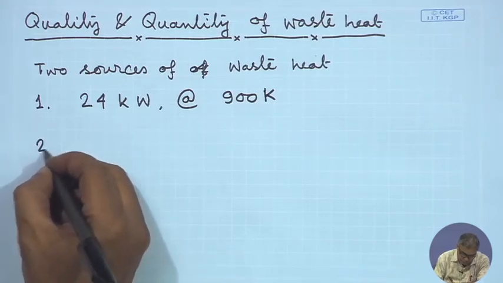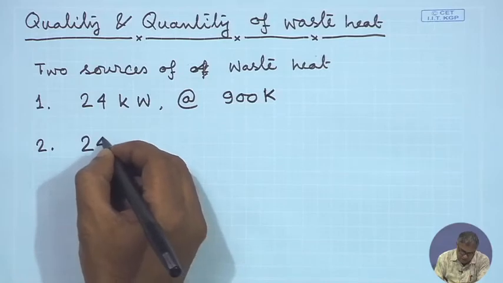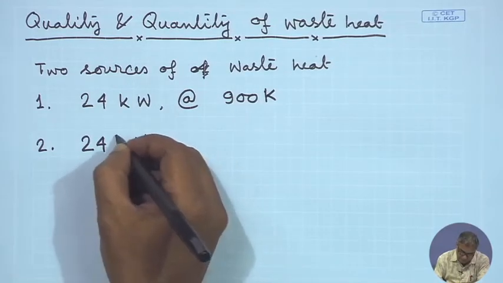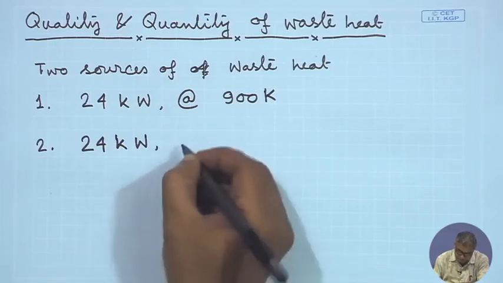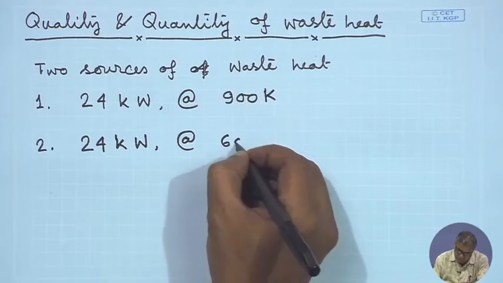Second source, we are getting the same amount of thermal energy or waste heat, 24 kilowatt, at 600 K.